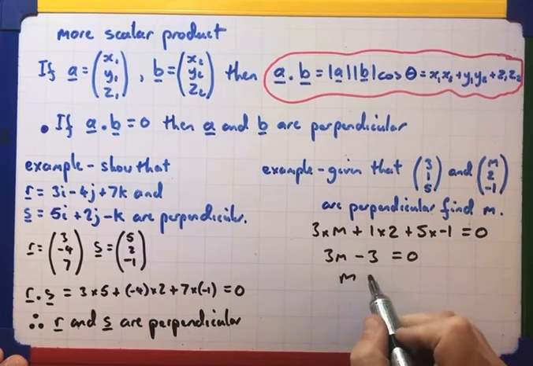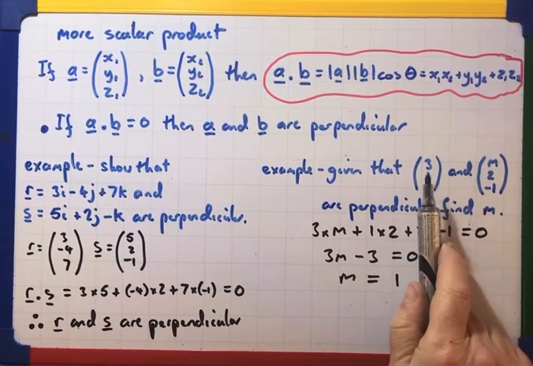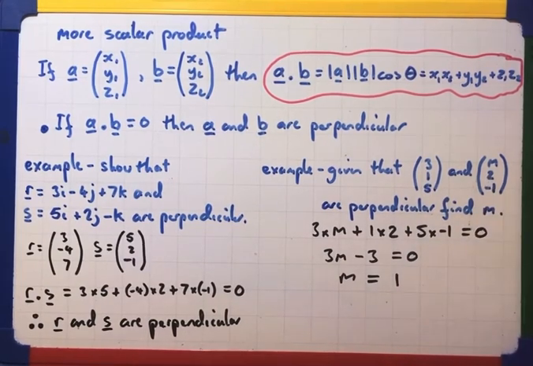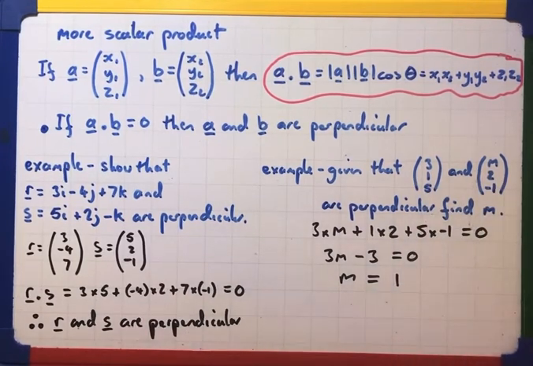That'll just give us m equals 1. So if they've told you two vectors are perpendicular, you know that their dot product is 0 and you can use that fact. Now we have a test for seeing whether two vectors are perpendicular and a way of finding out components if we know that two vectors are perpendicular.